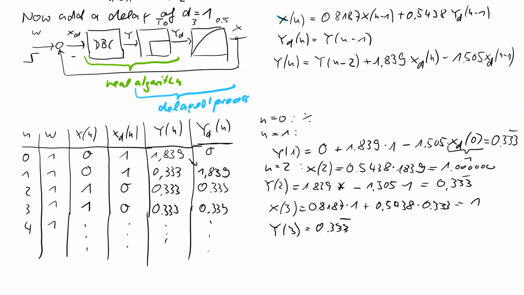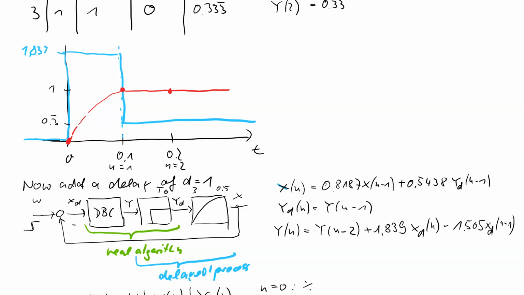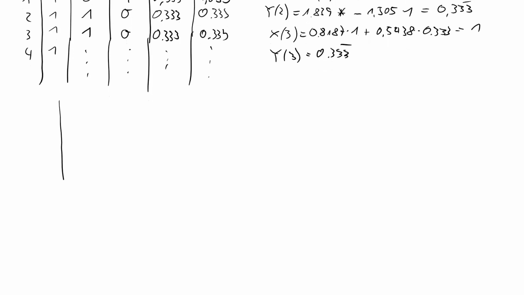And the curve we get is just the blue curve and red curve, just one step shifted to the right side. The blue curve and the red curve are identical, but the whole signal behavior is shifted one step to the right side. This is 0.1, 0.2, 0.3 seconds.